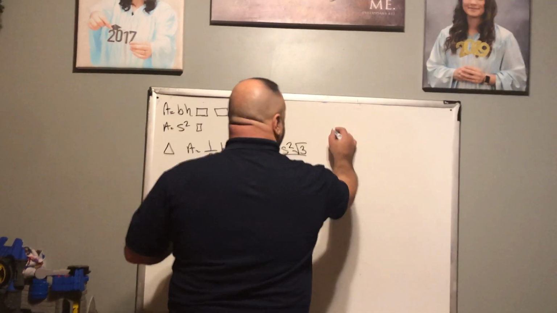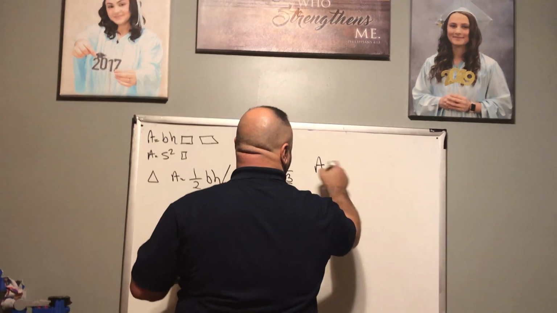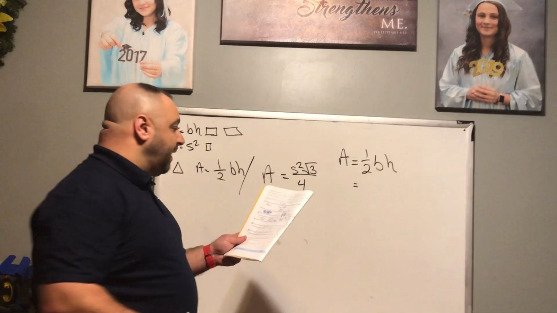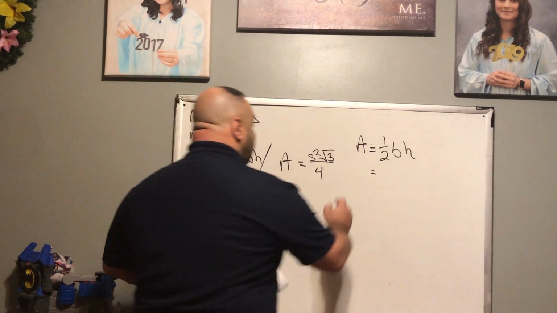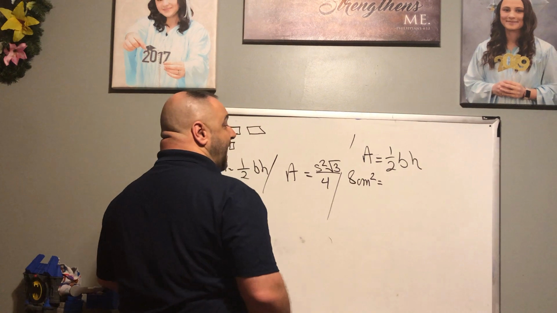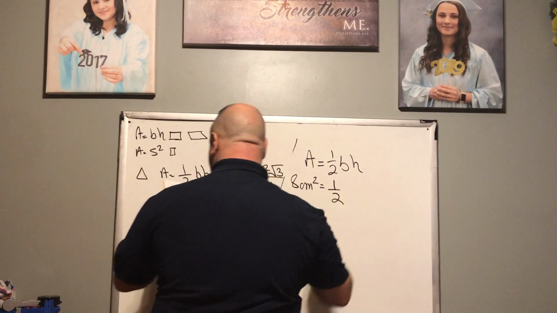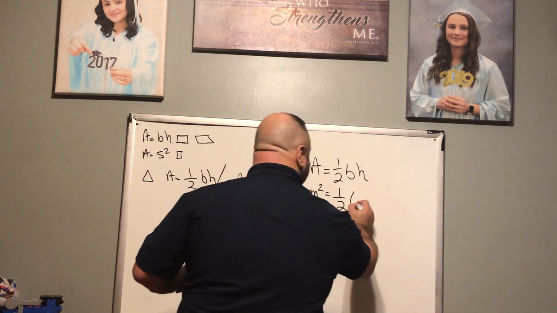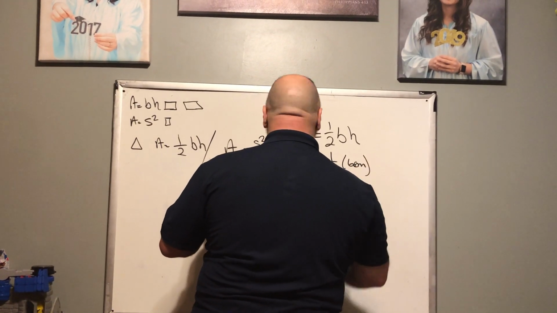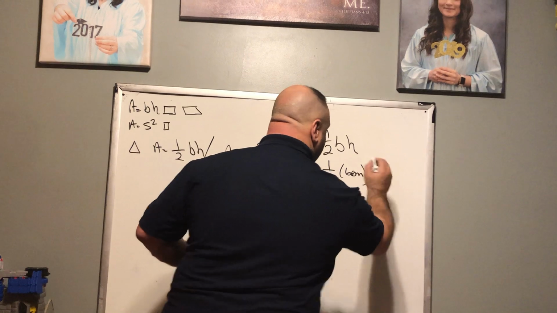Okay, so 1/2 times base times height. We're given the area here. So the area in number 11 is 8 centimeters squared, and we're going to go 1/2, and then the base is 6 centimeters, and we want to solve for the height.